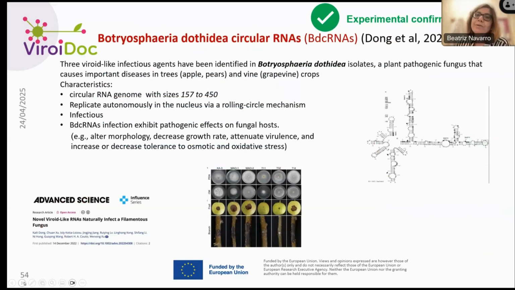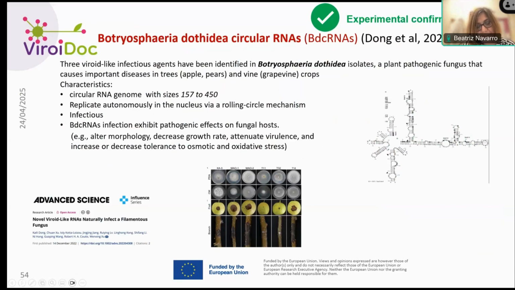biocontrol agents. Not only do ambivirus infect fungus, but in another very nice article, from the Wenxi group, they found 3 viroid-like infectious agents in the fungus Botryosphaeria dothidea in 3 different isolates. This fungus is plant pathogenic, causes important disease in trees and vines, and this group confirmed experimentally that they are circular.